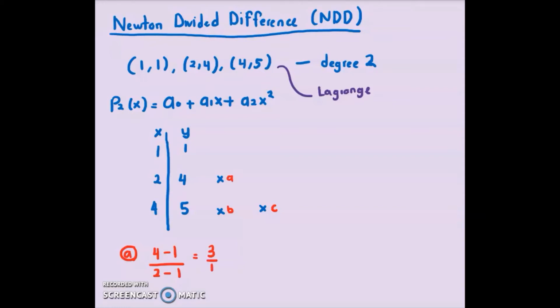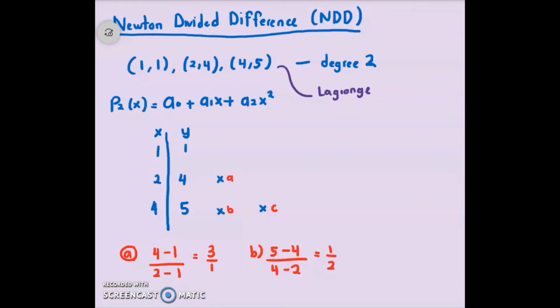So 3 over 1. Now to find B here, which is 5 minus 4 divided by 4 minus 2. That gives me 1 over 2.